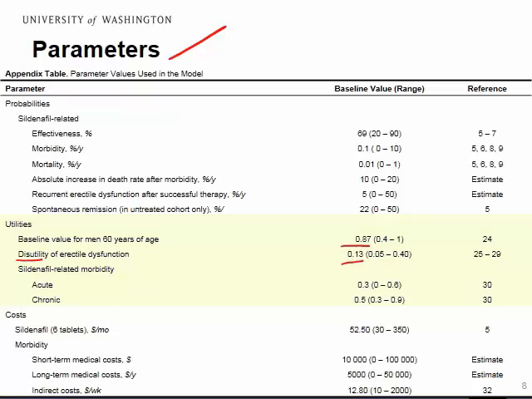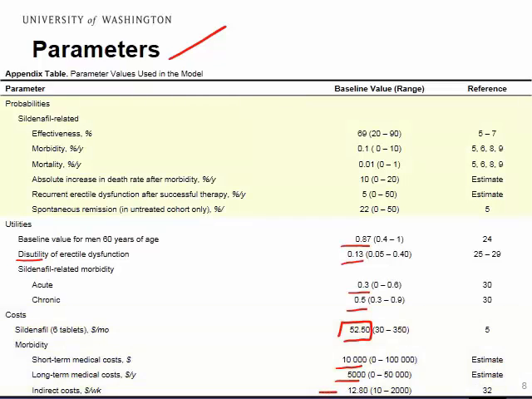And then they had morbidity. If it was acute morbidity, you had a utility of 0.3, and chronic morbidity, you had a utility of 0.5. And each tablet of Viagra was $50, $52 right here. And then they had medical costs: short-term $10,000, $5,000 for long-term, and they had indirect costs right there.